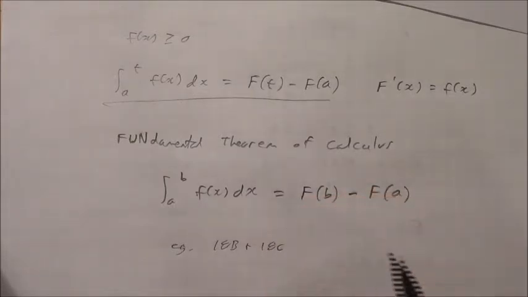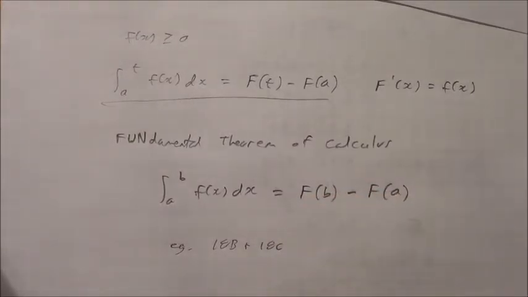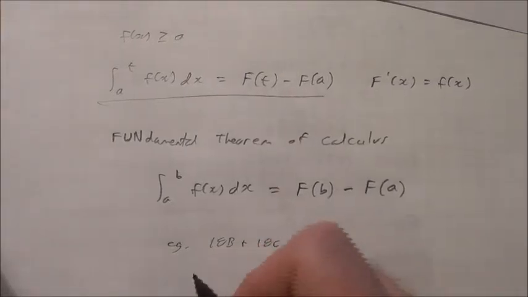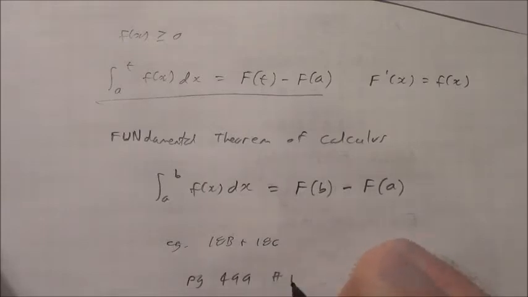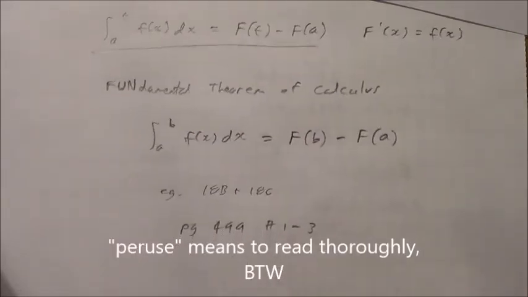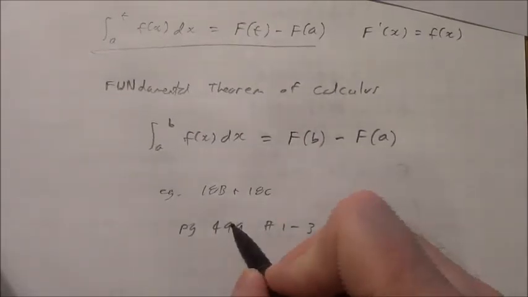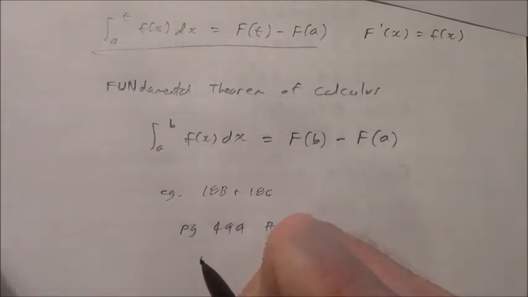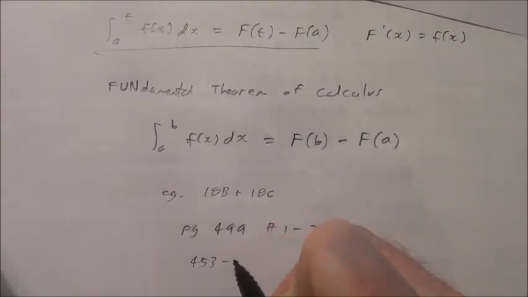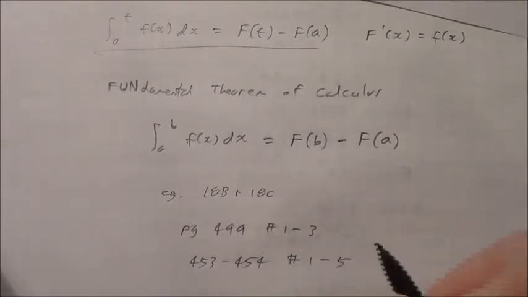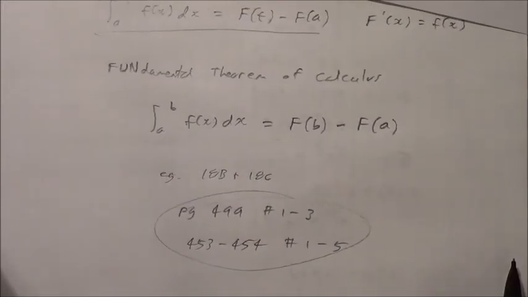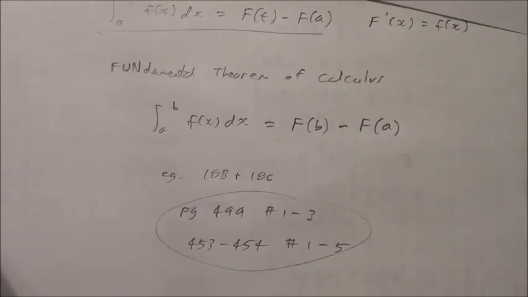Click on the self-tutor to allow her to explain things to you, and then I'd like you to just take a quick perusal of questions 1 to 3 on page 499, and then on pages 453 to 454 just take a look at numbers 1 to 5, and these are the ones we're going to be doing in class tomorrow after we look at the couple examples that we have for you.